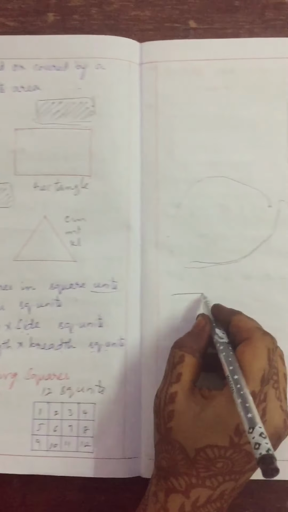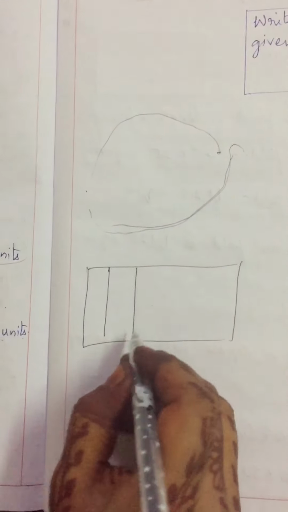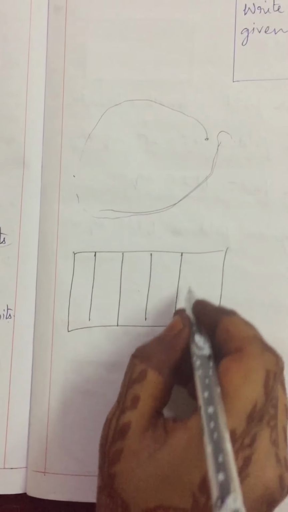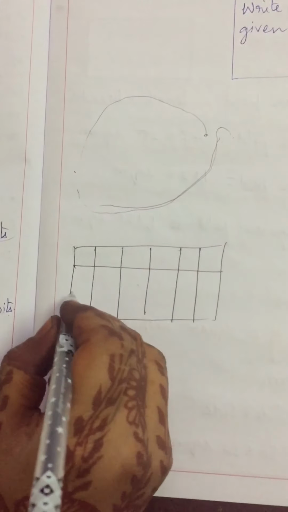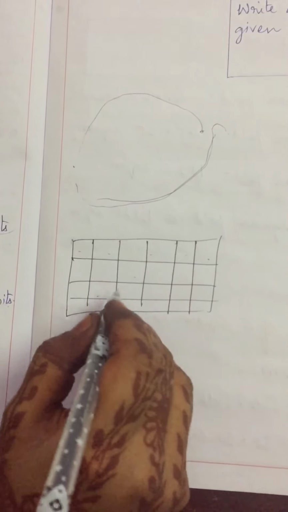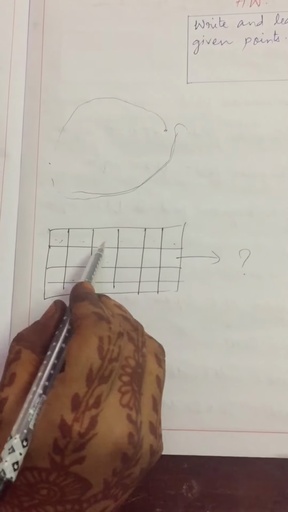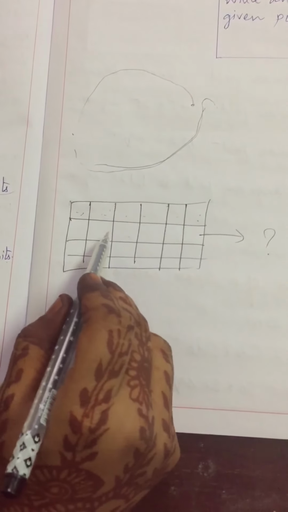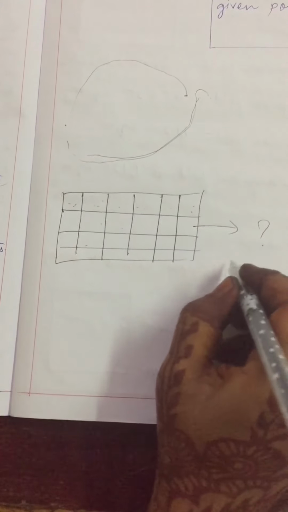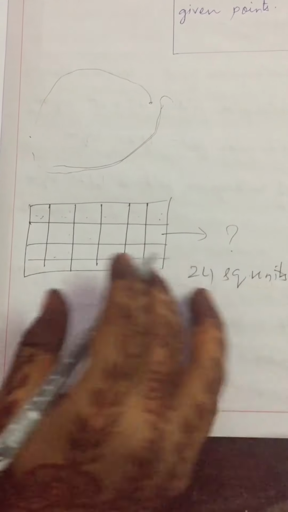If I give another figure and in it I draw each square, each box of equal measurement, to find the area we need to count the squares. How many squares are there in this figure? The area of this figure is that much only. See 1, 2, 3, 4, 5, 6. 6 plus 6 plus 6 plus 6. So the total area is 24 square units. Clear children?